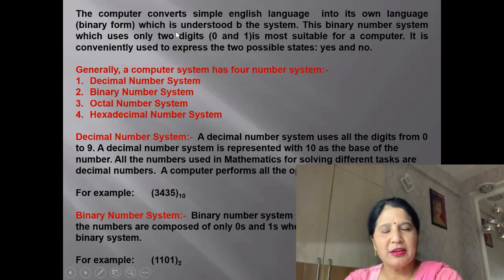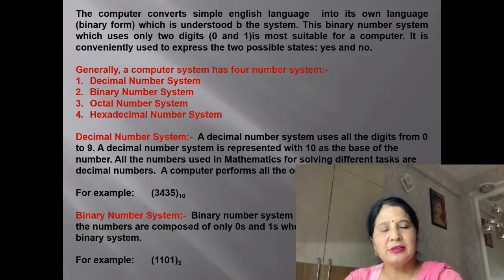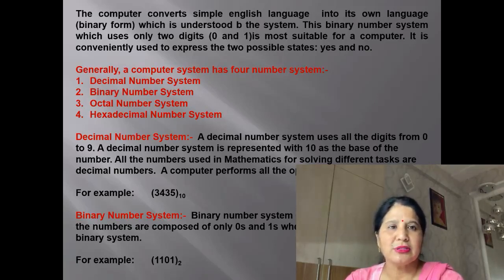This is known as the binary form, which is understood by the system, because I explained in computer languages that computer understands only binary digits. Binary digits are made up of 0 and 1. Here 0 means off and 1 means on. By these numbers the coding of computer is made, which can be understood by the processors.